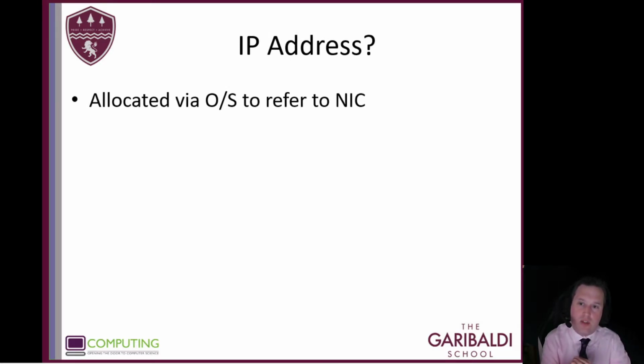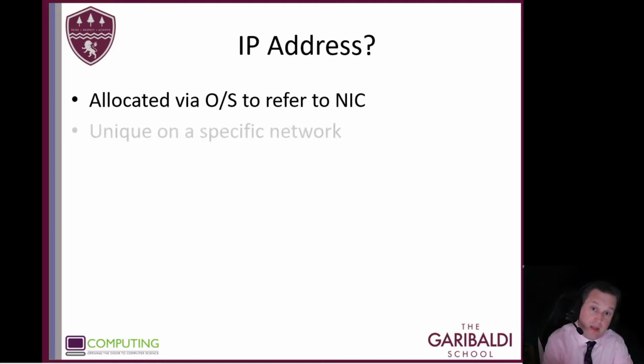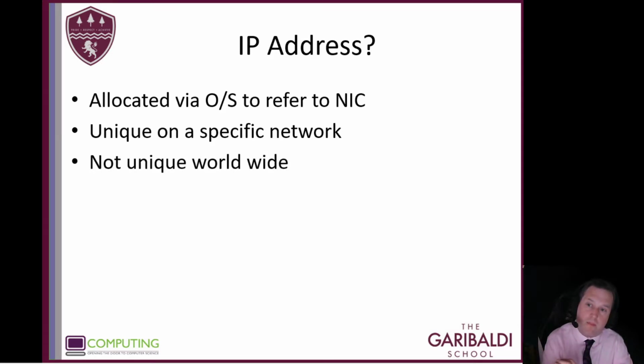So IP address, you should have got that it's the operating system that's allocating this by using the network interface controller, network interface card, and it's unique to the network that you're on. But it's not unique worldwide, so it's just unique to the LAN that you're on.